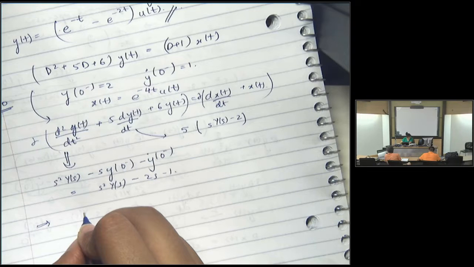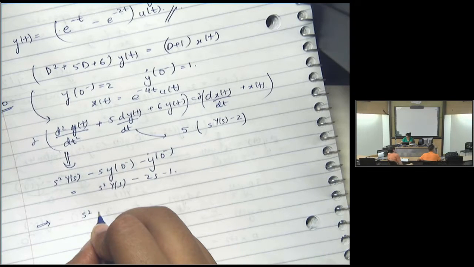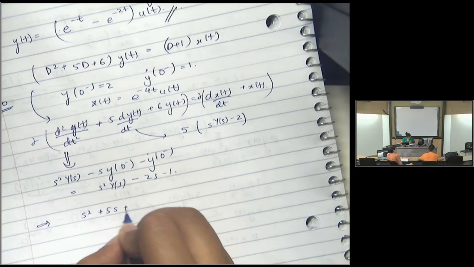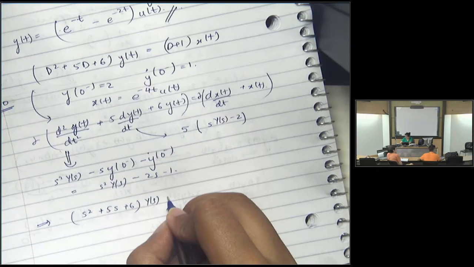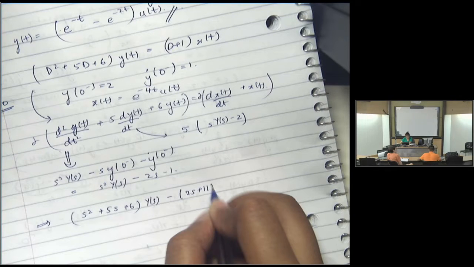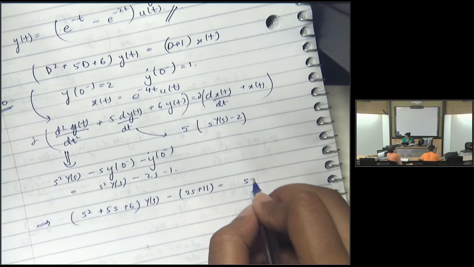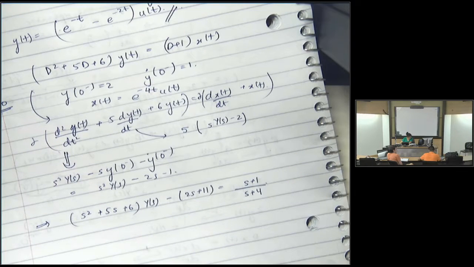So my final equation will be (s square plus 5s plus 6) Y(s) minus (2s plus 11) is equal to (s plus 1) over (s plus 4). Everyone knows how we got s plus 1?